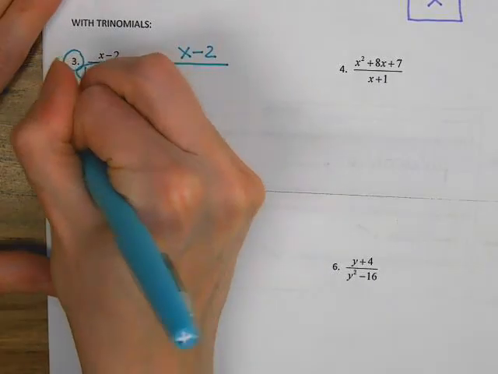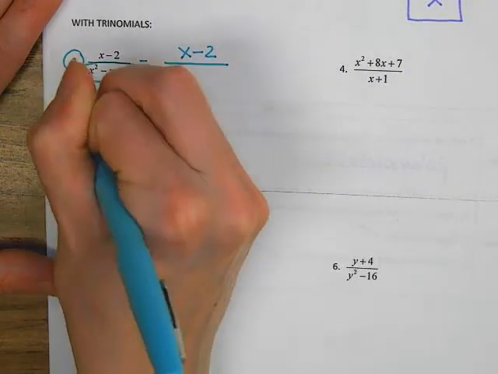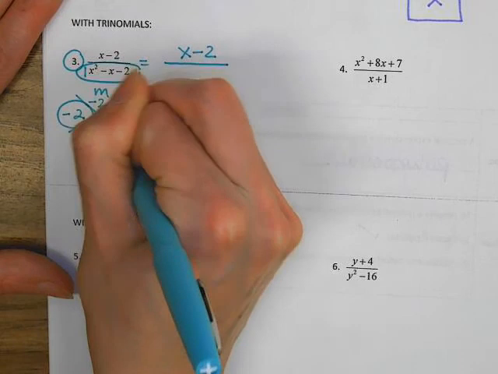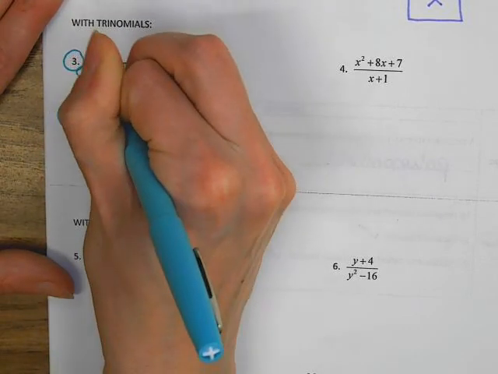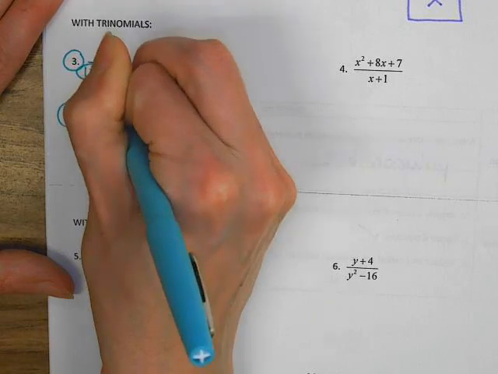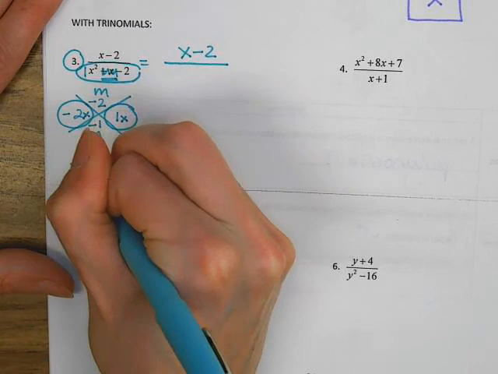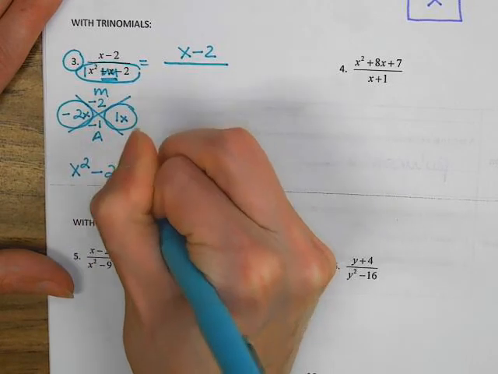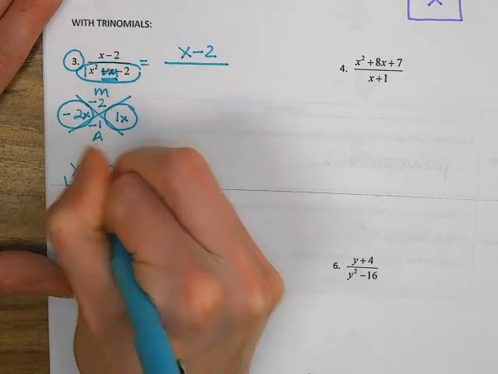And that's going to be -2 and 1. Okay, and then remember, we give them both an x, and we plug them in to replace the middle term. Okay, so it's 1x squared minus 2x plus 1x minus 2, and then we factor by grouping.